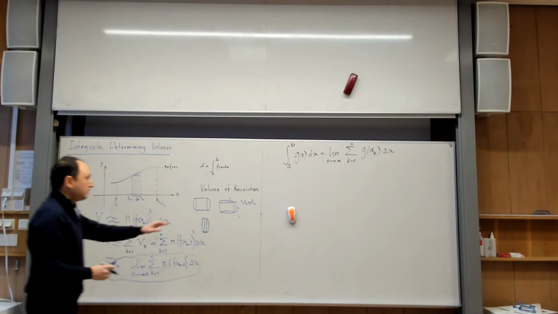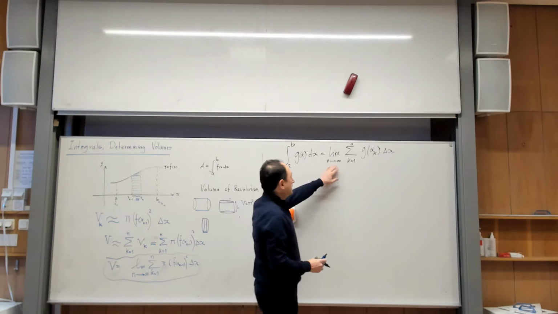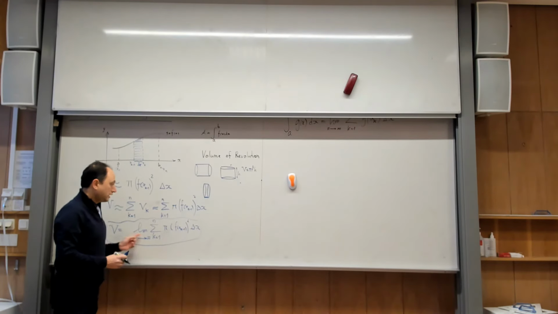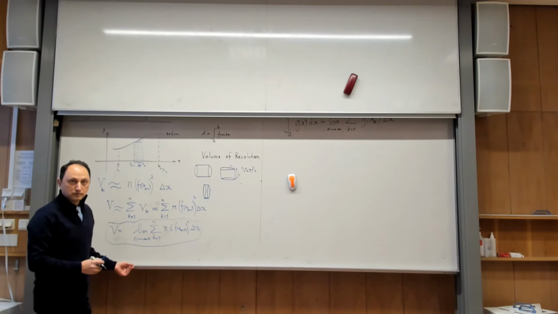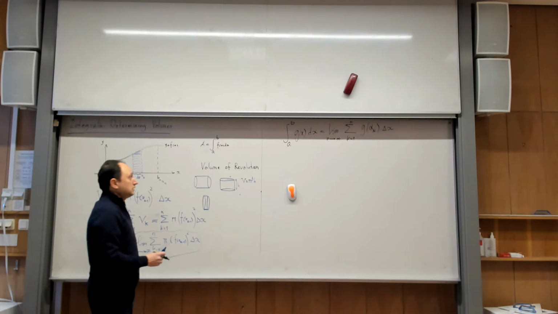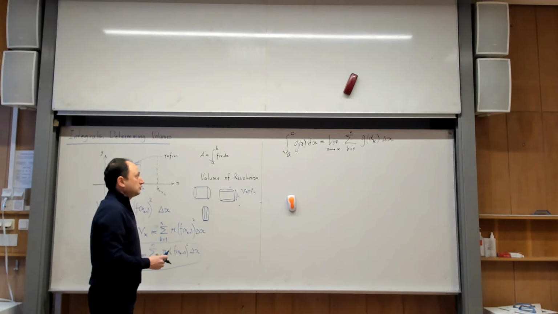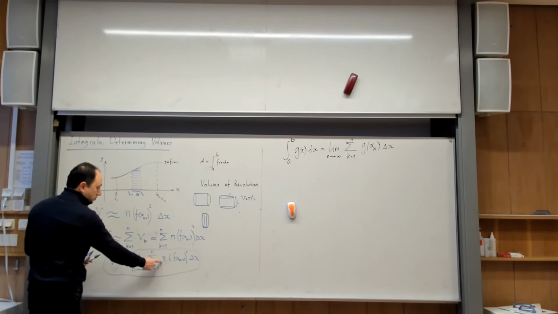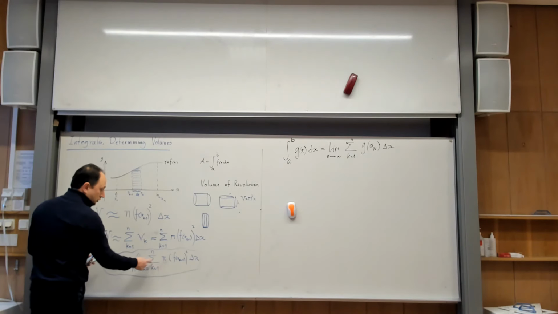Now compare this one with the one that we have, because my goal is to write this limit as an integral. First of all, this pi is a constant number. All terms contain a pi, so in the sum I can factor pi out.